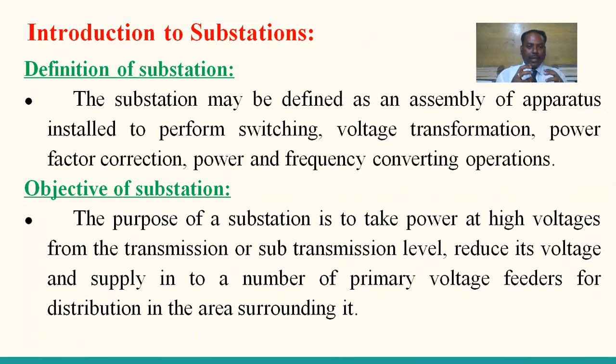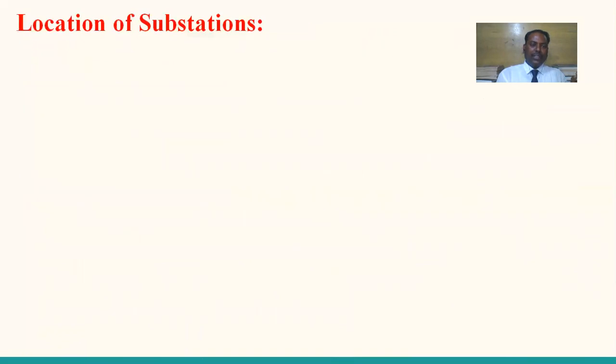So the major objective of the substation is to collect power from the transmission or sub-transmission system, step down the voltage level, and supply it to the number of primary feeders in the surrounding area. This is the primary objective of the substation.